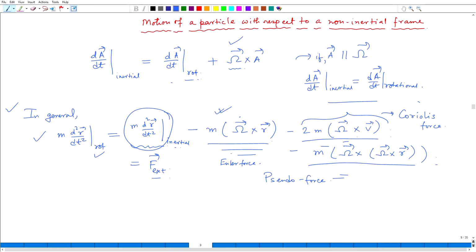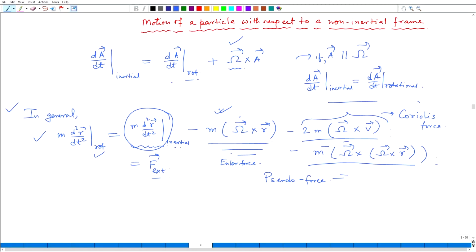So, for example, if I am simply sitting on the surface of the earth, then I will not feel a Coriolis force due to the spin motion of the earth. Now, if I consider myself running or walking on the surface of the earth, or some river flowing on the surface of the earth with some velocity with respect to the earth, then of course there will be the question of the Coriolis force.